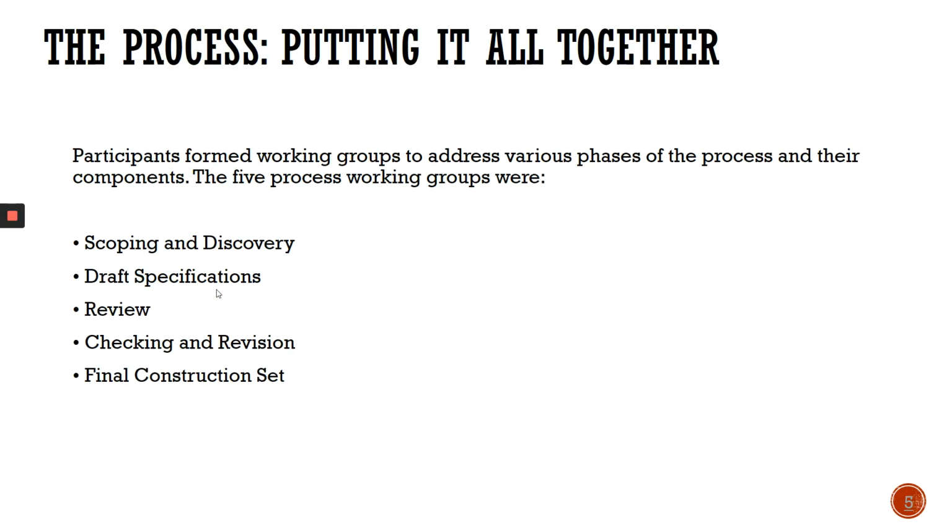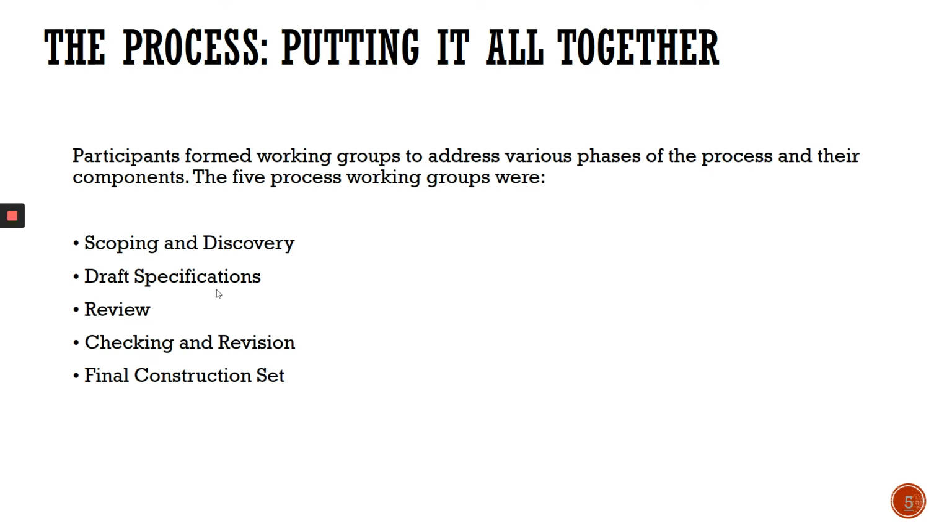So, the process, putting it all together. How do you make specifications? Yes, you have learned QS, right? So you have some specifications, for example, window 300 mm times 2100 mm wide, casement window for example, to manufacturer's detail. Okay.